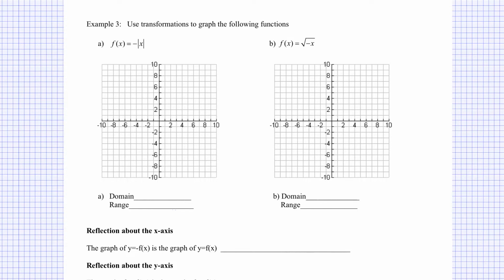So for each of these, I'm going to begin by stating the parent function. The parent function for this one is y equals the absolute value of x. And I'm going to go ahead and sketch that on here. 0, 0, 1, 1, 2, 2, right? It makes that nice V shape.